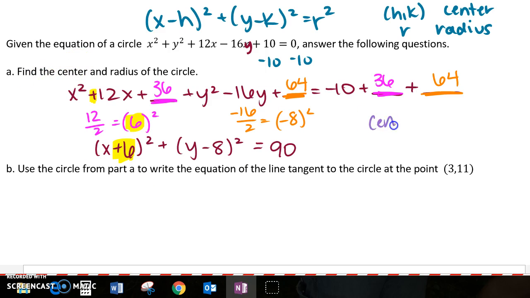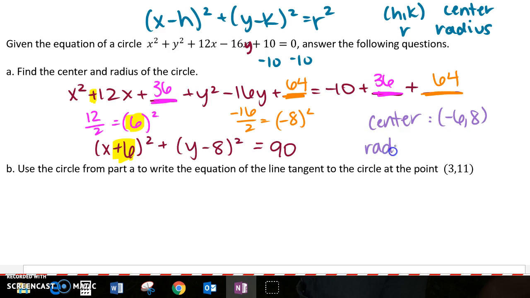But we have to answer the question, find the center and the radius. So the center is just h and k, right? In our standard form, it's minus h and minus k. So in our equation, if it's not minus, it's whatever the opposite of this number is. So the center is going to be negative 6 and a positive 8.